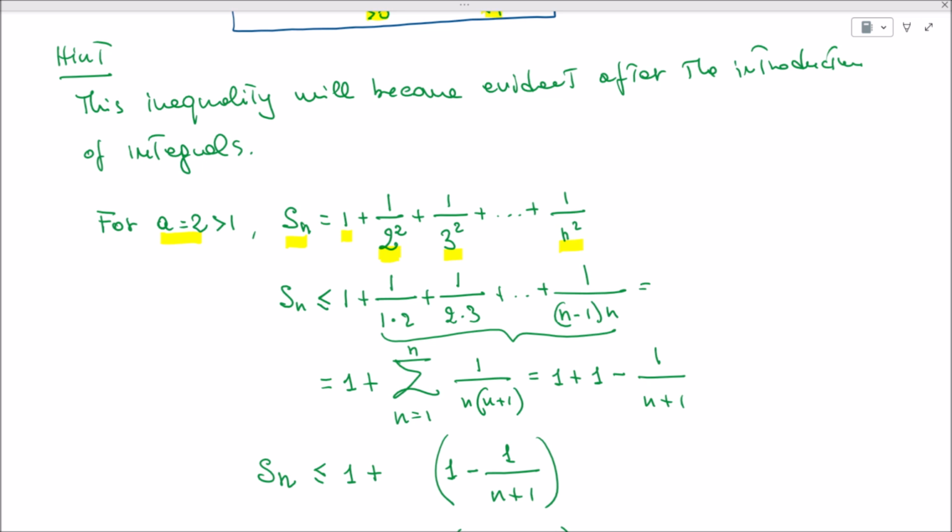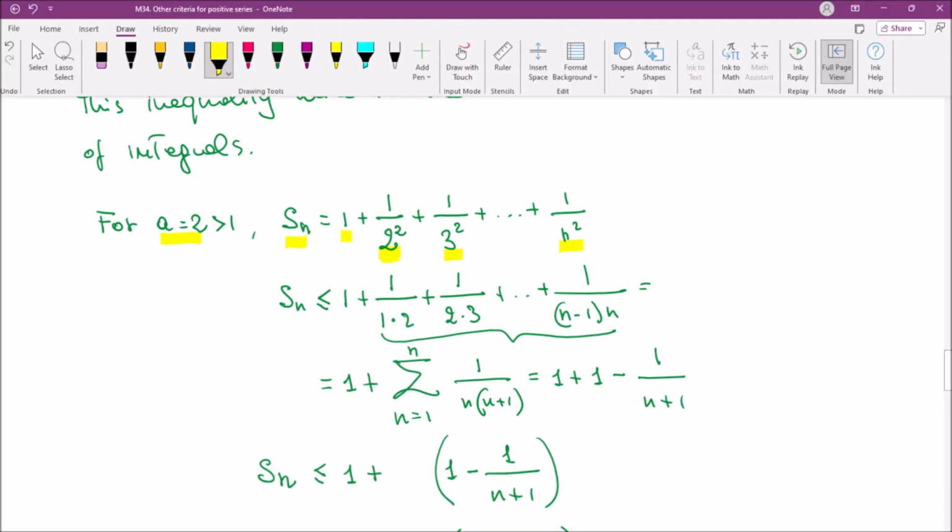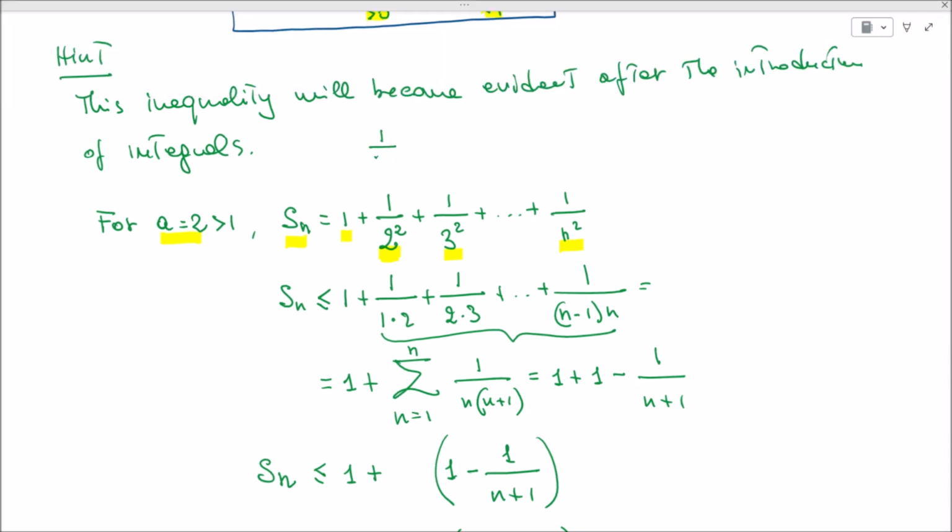Okay, so because this term, which is 1 over 2 times 2, well, this of course is less than or equal to 1 divided by 1 times 2, because I'm building a larger fraction by using a smaller denominator.